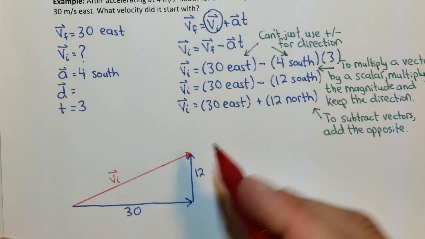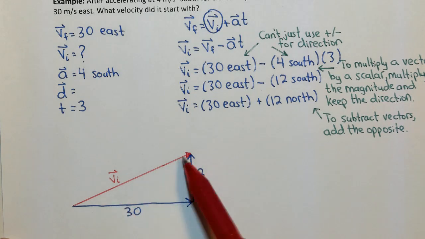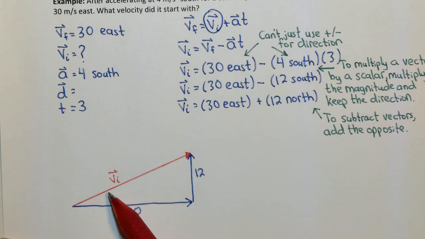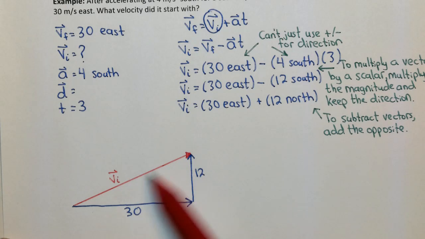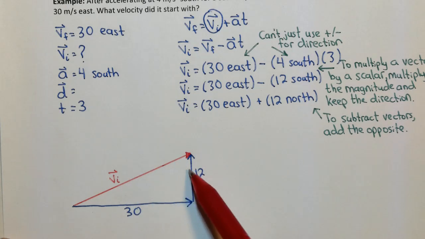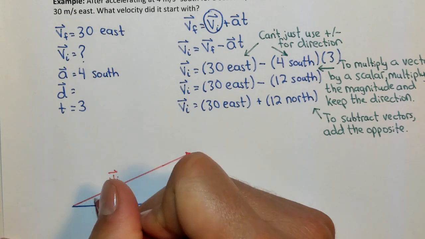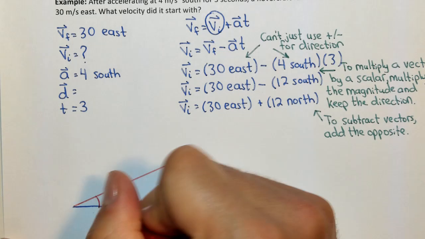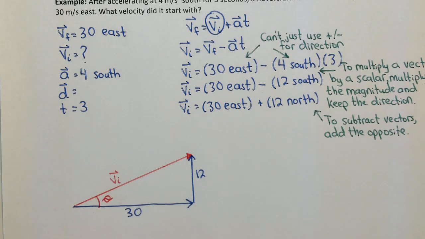And one thing you might remember is when we're defining the direction of a vector, we always use an angle at its tail. So there is an angle that touches this vector up here, but that's by the head of the vector. We want to use an angle at the tail when defining the direction of a vector. So I'm going to put theta down here, and we'll write that as a note to ourselves.